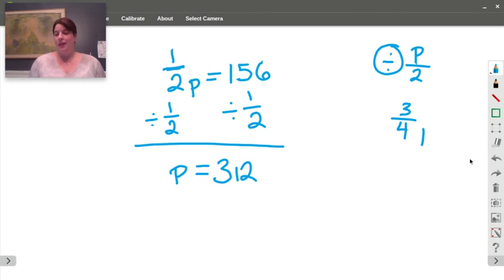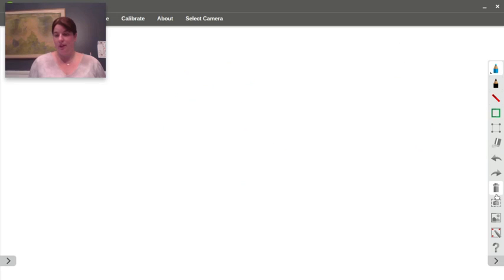Okay? The other thing that might throw you for a loop is, so far I've made all of our equations with the variable on the left-hand side of the equal sign, but sometimes you'll have your variable on the right-hand side. So maybe you might have 48 equals x over 3.